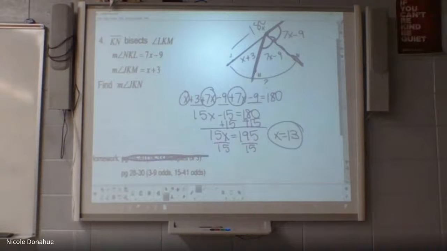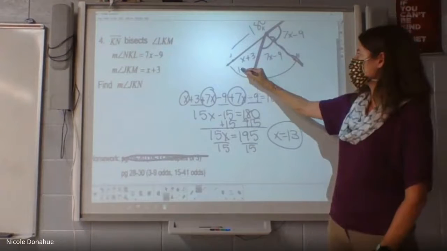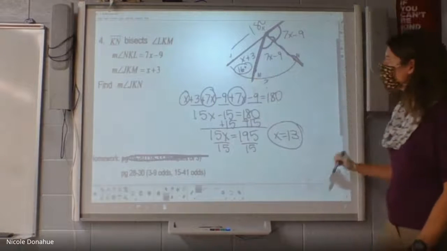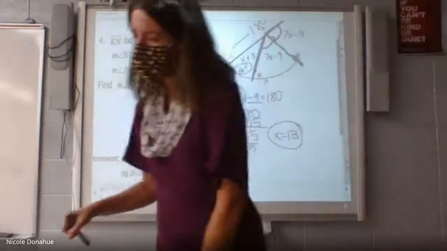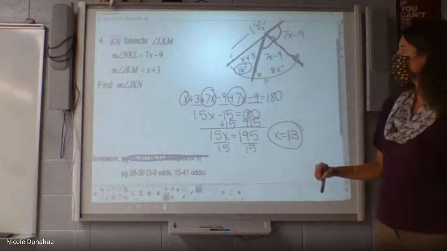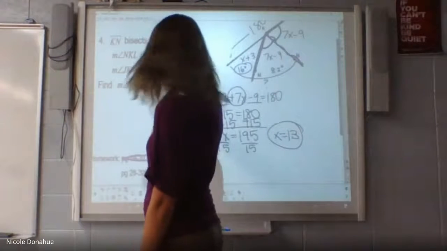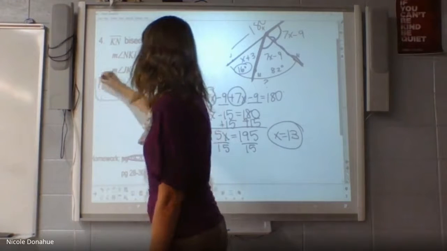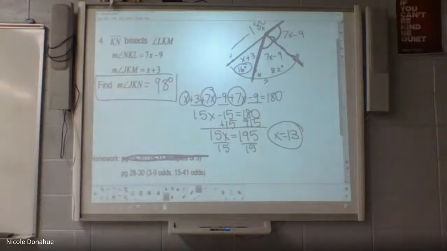And then once I know x is 13, I can go back in and figure out those other pieces. 13 plus 3 is 16, would be that one. And then this one would be, I believe, 82. We end up being 98 degrees. 98 degrees, a perfect temperature for you to enter school.